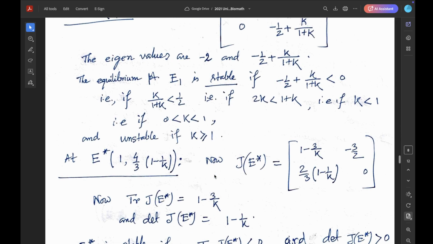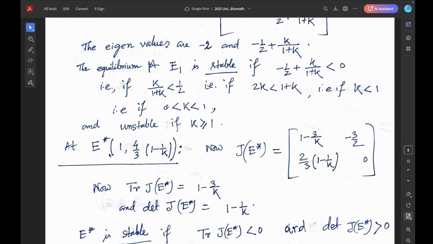Next, for the coexisting equilibrium point E star, 1 comma 4 by 3 bracket 1 minus 1 by k, the value of J at this point E star is this matrix: 1 minus 3 by k, minus 3 by 2, 2 by 3 bracket 1 minus 1 by k, comma 0, a 2 by 2 matrix. This is not a diagonal, not an upper triangular, not a lower triangular matrix.